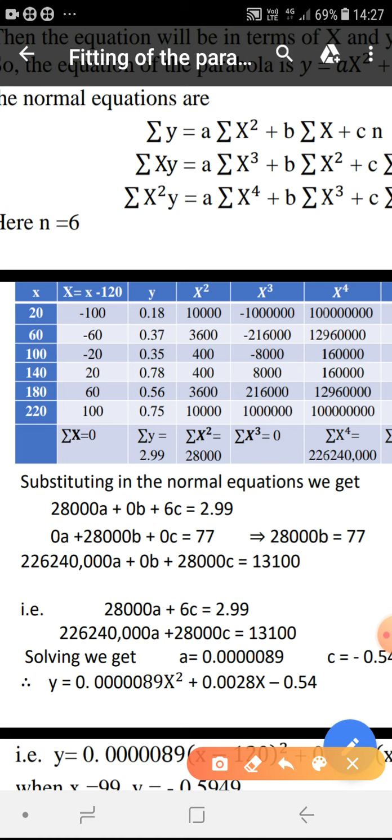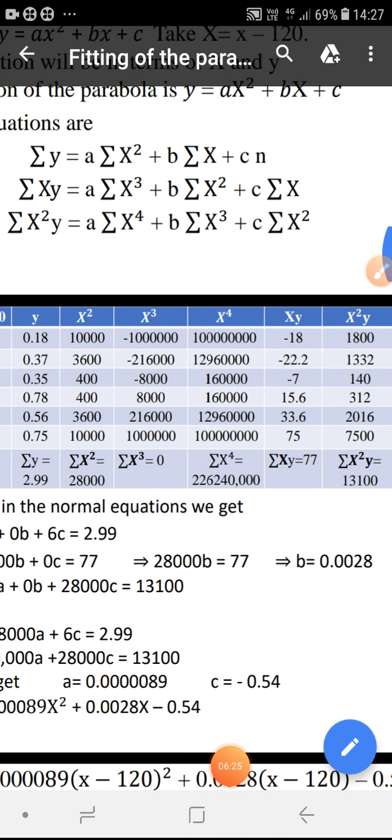Then the second equation we get: 0A plus 28,000B plus 0C equal to 77, which means 28,000B equal to 77, from which you can calculate the B value. 77 by 28,000 or 0.0028.